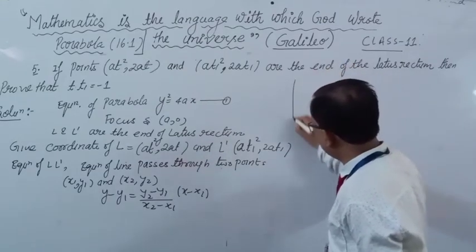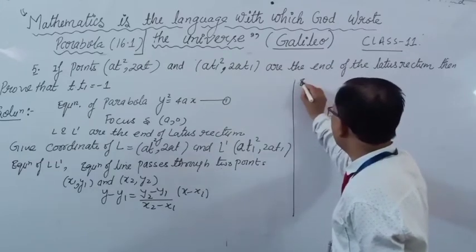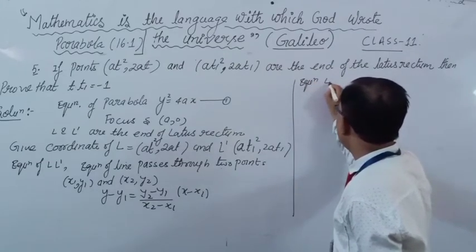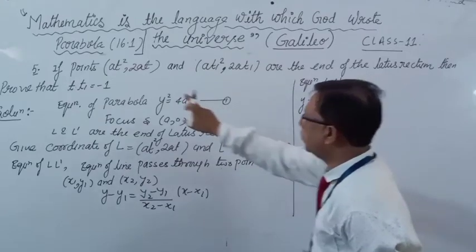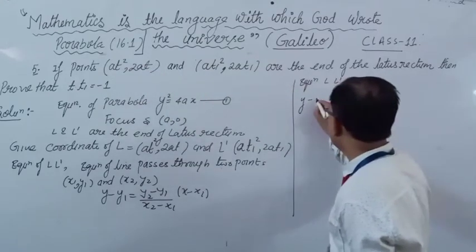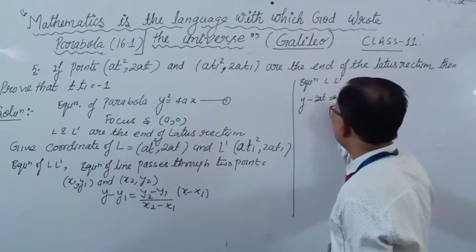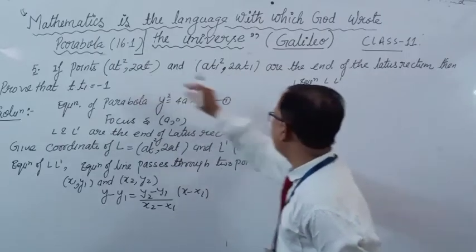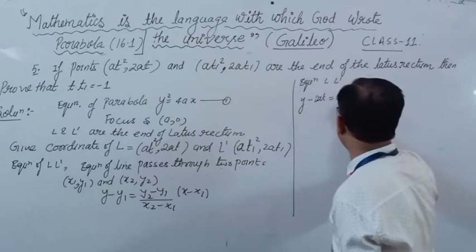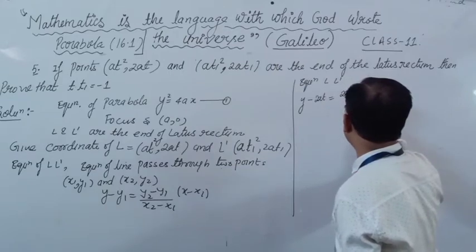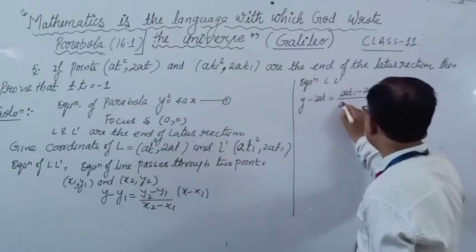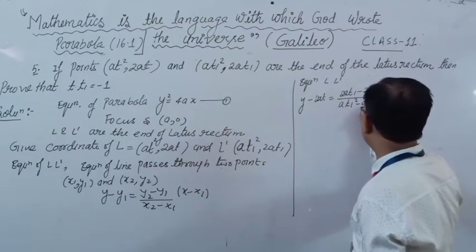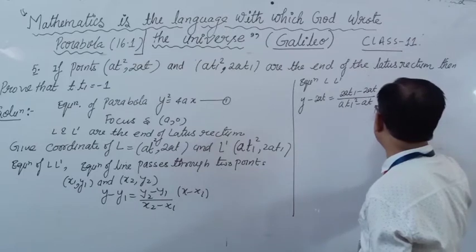Now students, see here the equation of L dash: y minus y1, suppose this is your y1, 2at, is equal to y2 minus y1, 2at1 minus 2at, upon x2 minus x1, at1 square minus at square, times x minus x1.